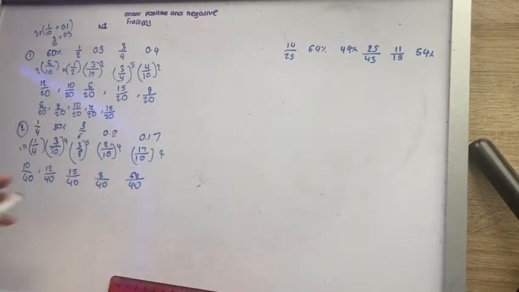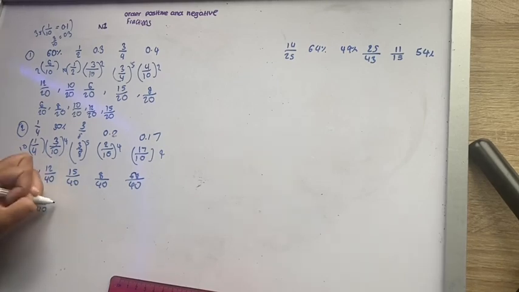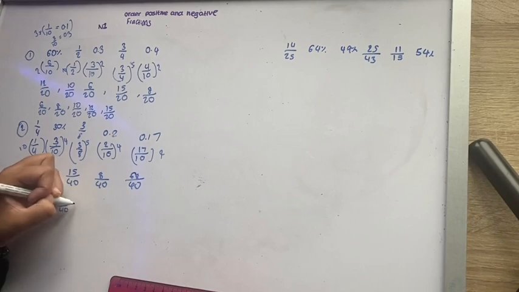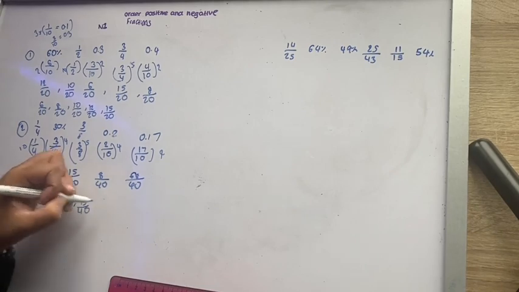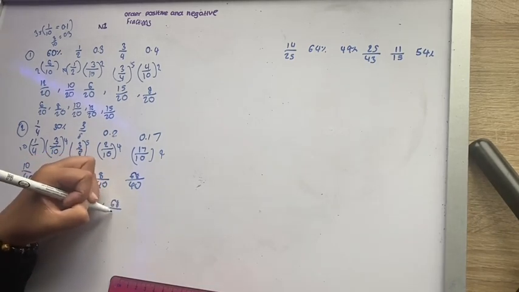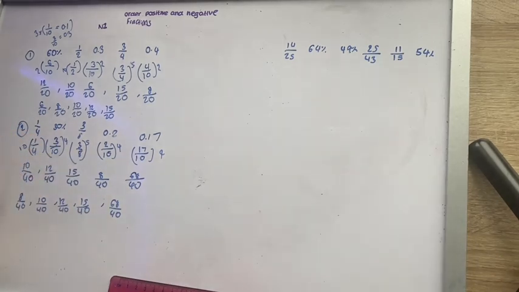Again, ignoring the bottom, focusing on the top: 8 over 40, 10 over 40, 12 over 40, 15 over 40, and then 68 over 40. And then it's not complete yet, you're going to have to put in the values that originally were there.